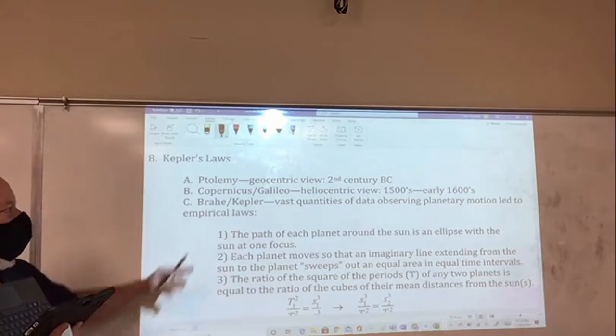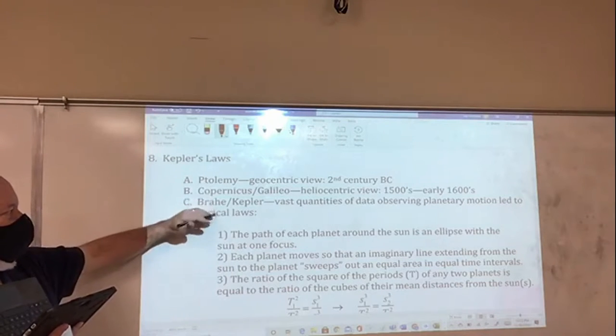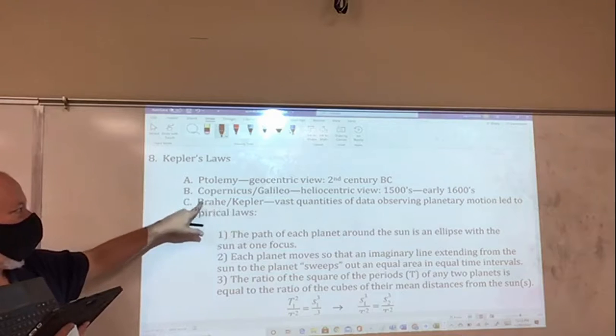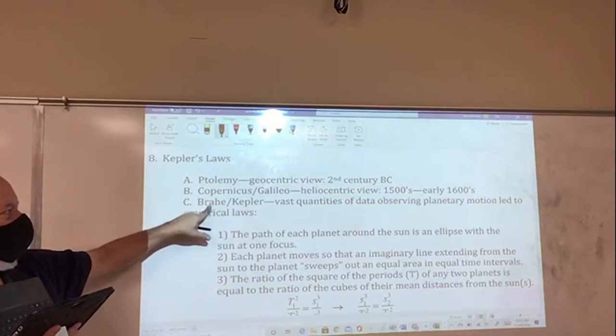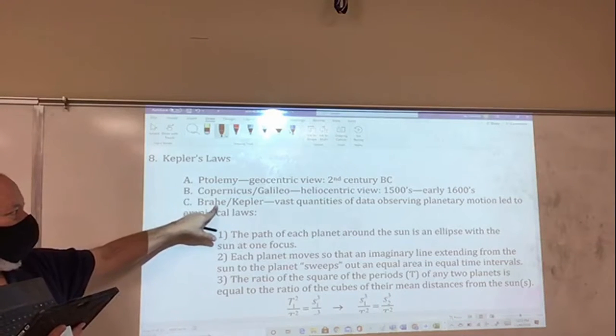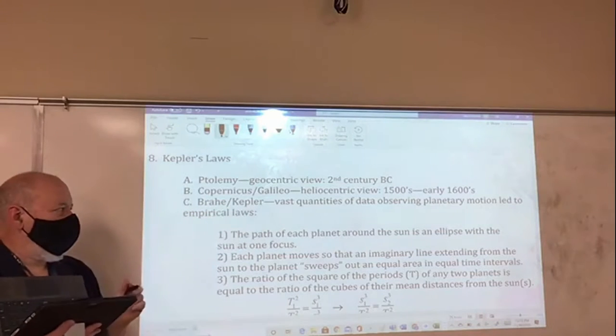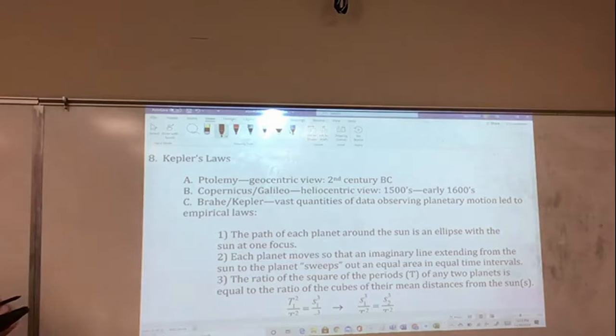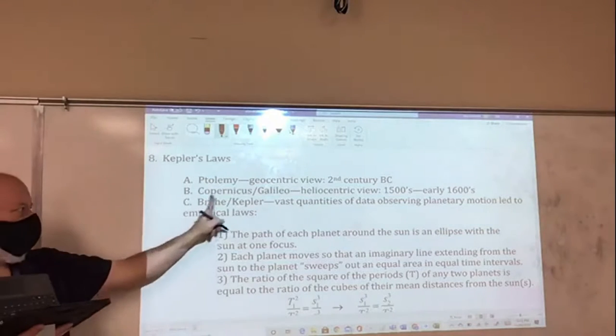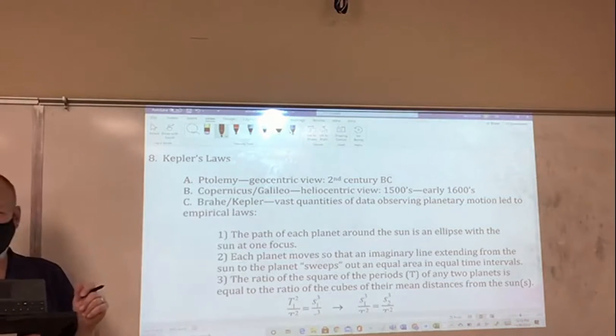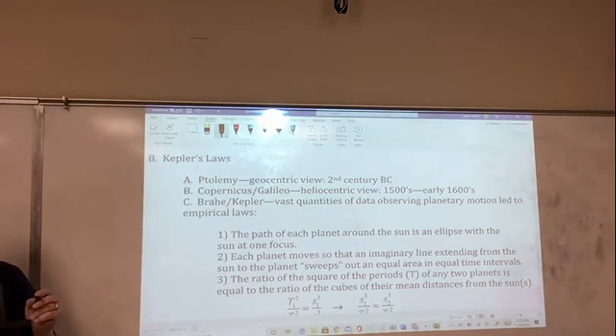And then also in the early 1600s, Kepler, or Brahe, was more at the end of the 1500s. He died in 1601. And then Kepler was the early 1600s. He died in 1630. Anybody know what Brahe's first name is? No?